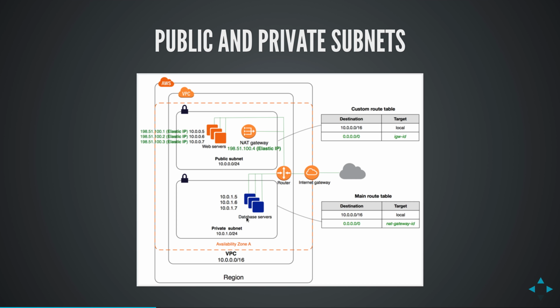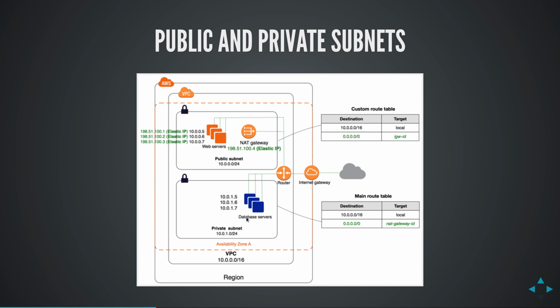The private subnet is associated with the main route table, and the public subnet is associated with a custom route table. In addition, you'll see here a NAT gateway instance, a resource with an elastic IP address.